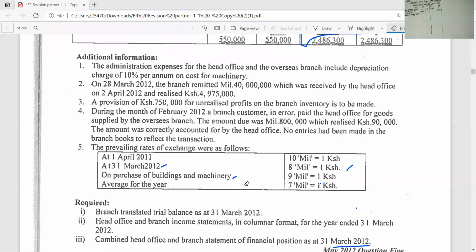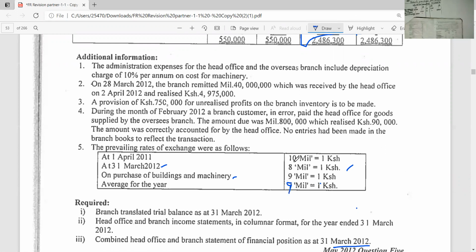So according to the original past paper, the average rate is the one which is supposed to be 9.